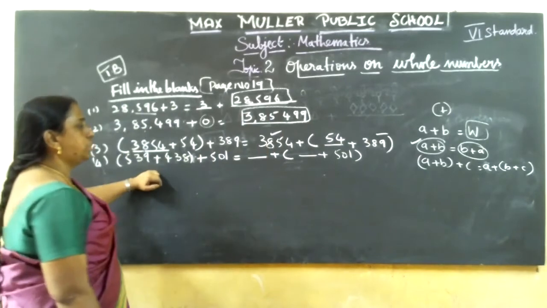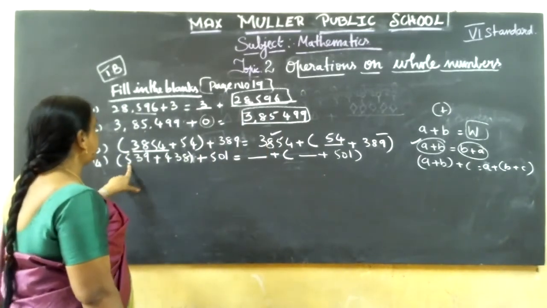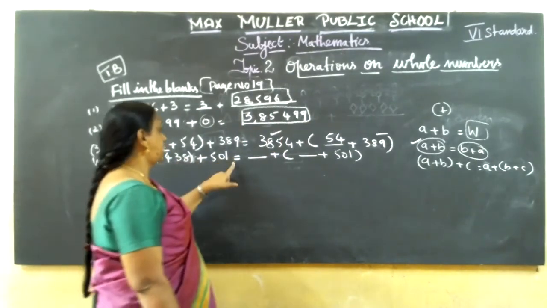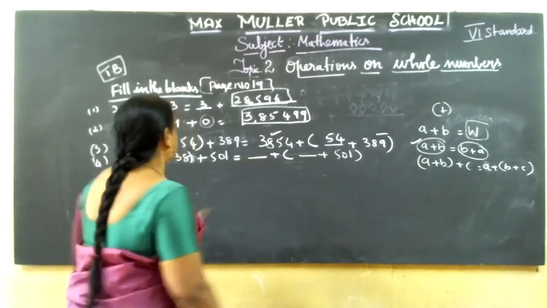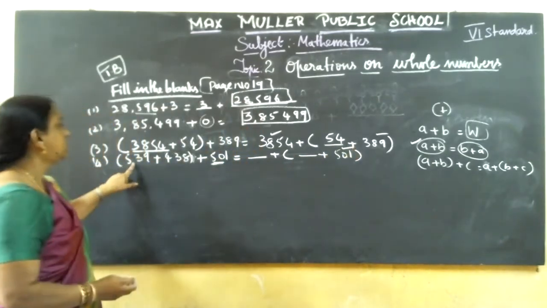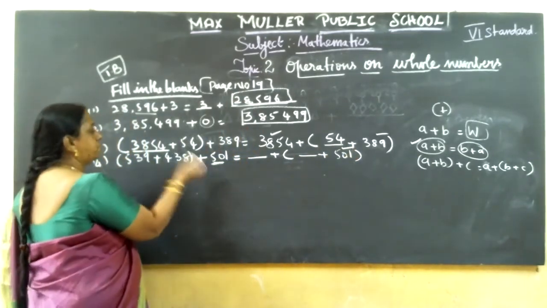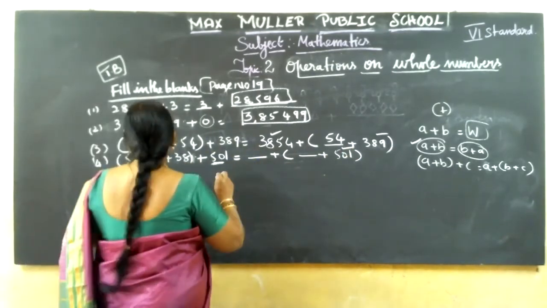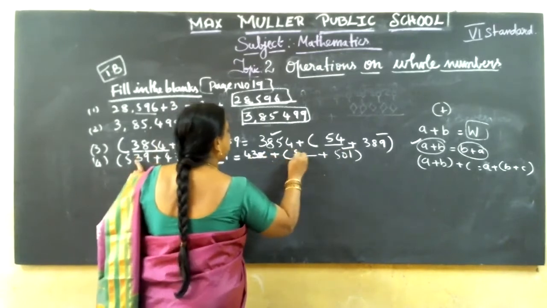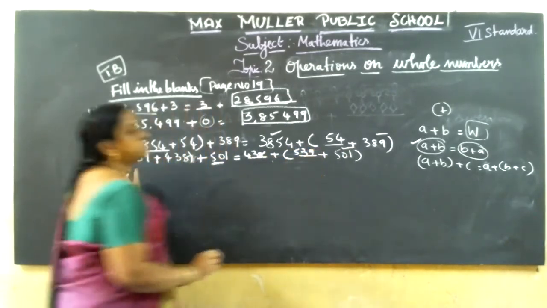Same like that, associative only. This is also: 539 plus 438 plus 501. Two numbers are missing, only 501 is here. So the remaining two you should write. You can take this number or this number, whatever first. So take 438 plus 539. Now both the sides are equal.